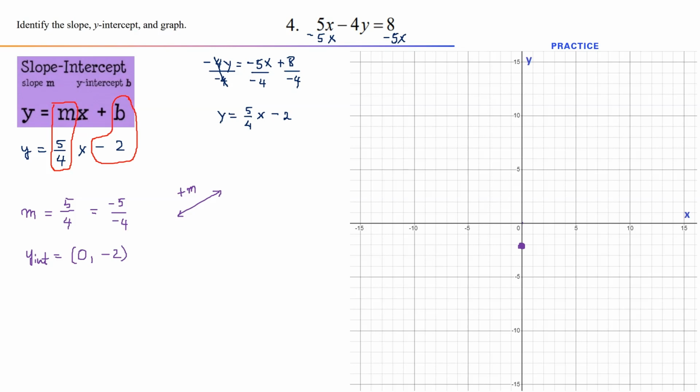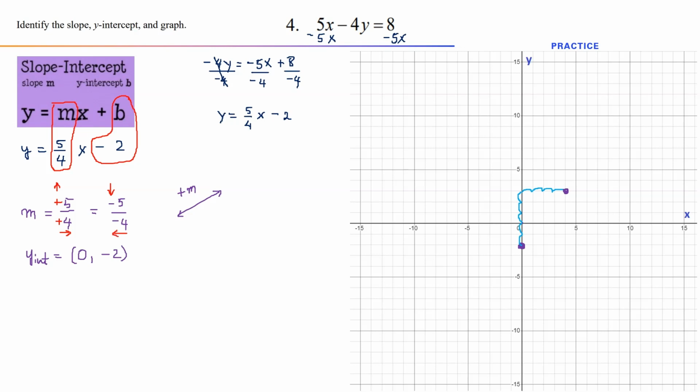Now we go up 5 units, 1, 2, 3, 4, 5, and then go to the right, 1, 2, 3, 4 units. You have another point right here. So just to remind one more time, positive 5 means go up 5 units, positive 4 we have to go right 4 units, negative go down 5 units, negative go left 4 units.